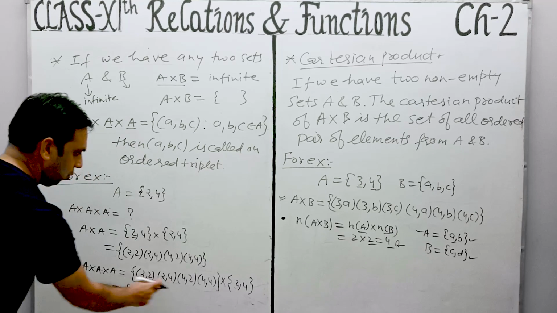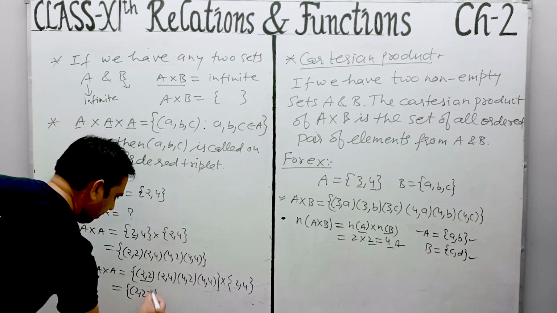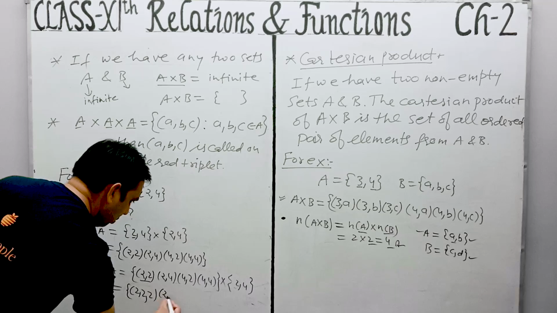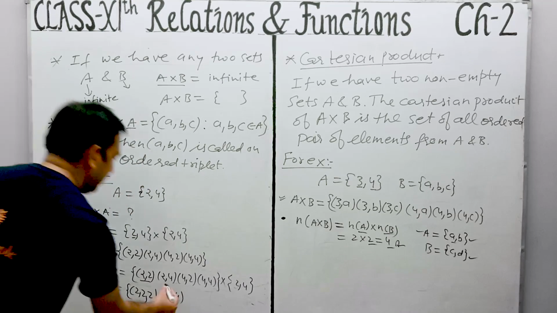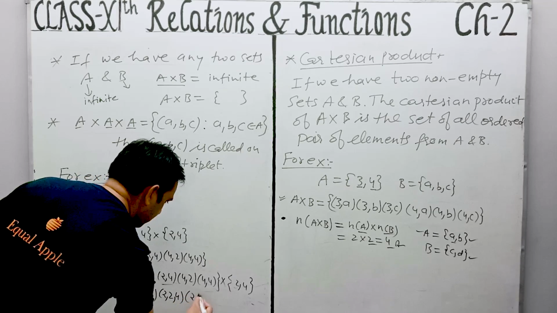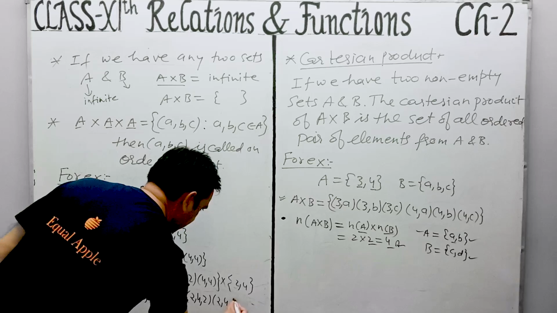If we multiply 2, 2 by these two elements, we get 2, 2, 2 and 2, 2, 4. By 2, 4 we get 2, 4, 2 and 2, 4, 4.